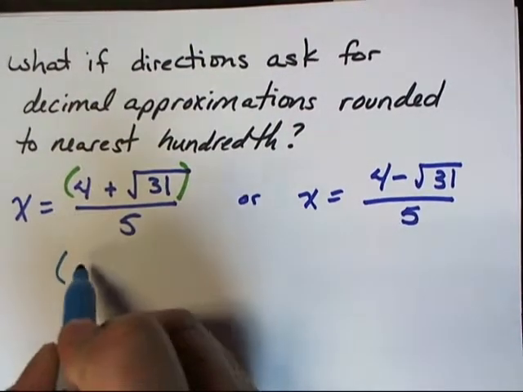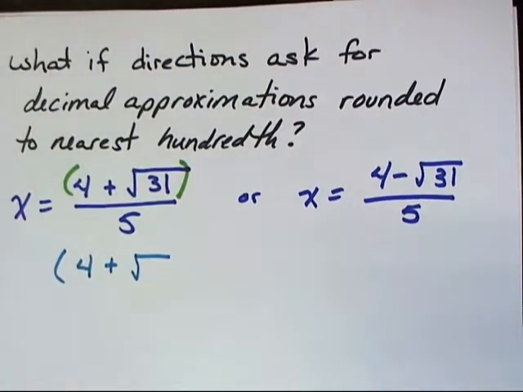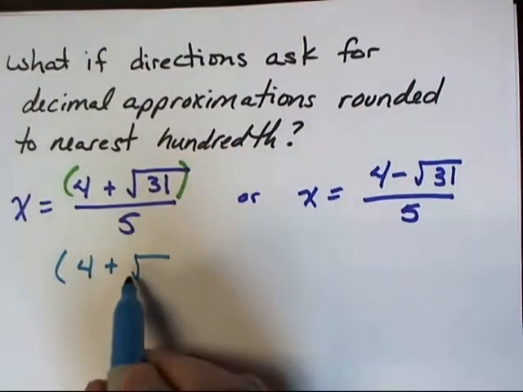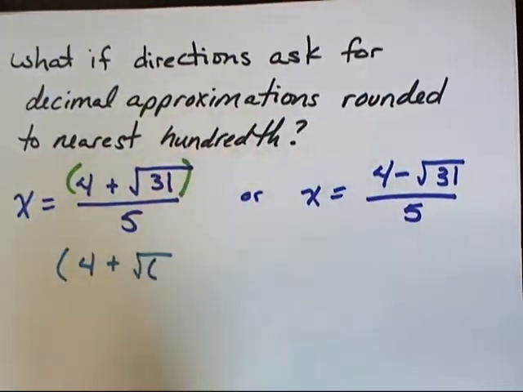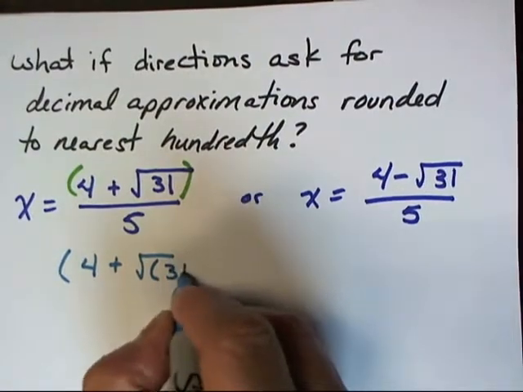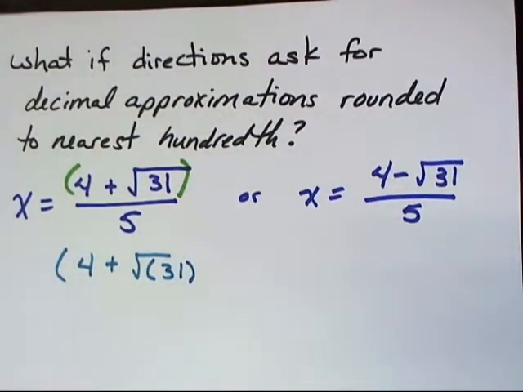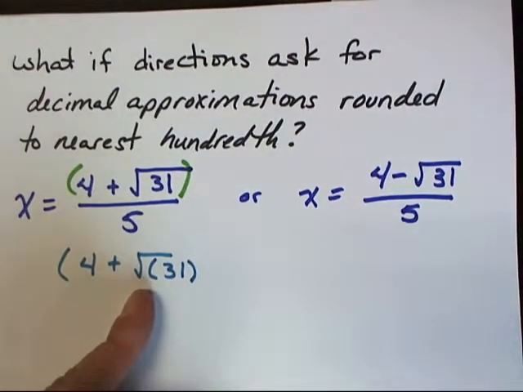And you can put in your parentheses, 4 plus, and then you put your square root symbol. Now, if you have a two-line display calculator, like the TI-30X2S, when you put in the square root symbol, it automatically puts an open parenthesis in there. That's key to look at, because after you type in your 31, you're going to have to close the parenthesis, which only closes the square root.